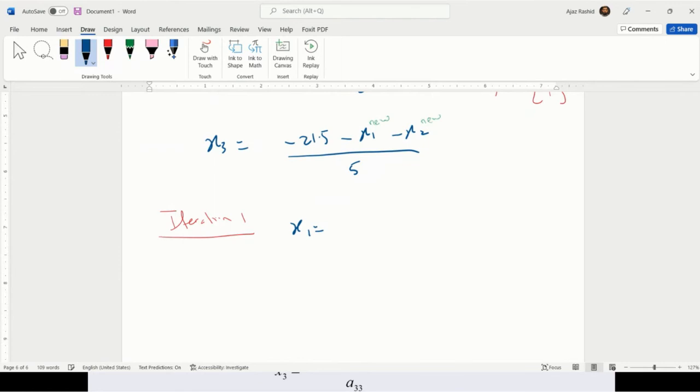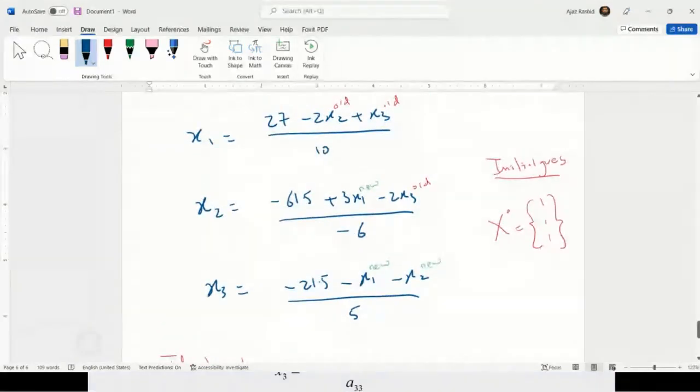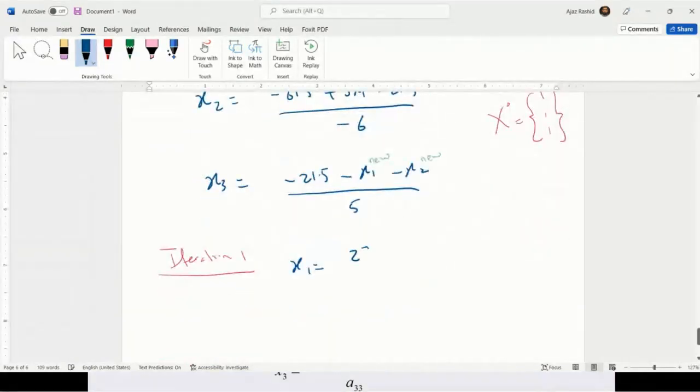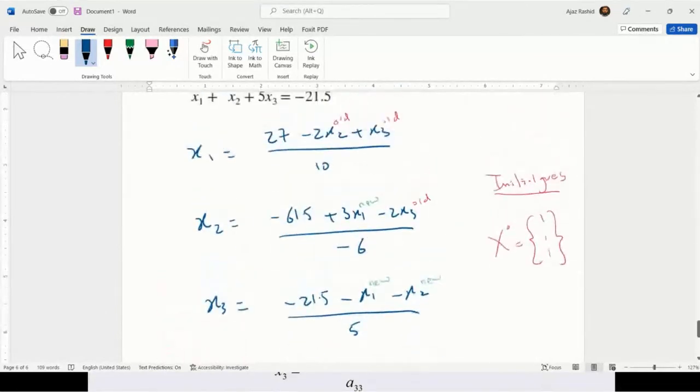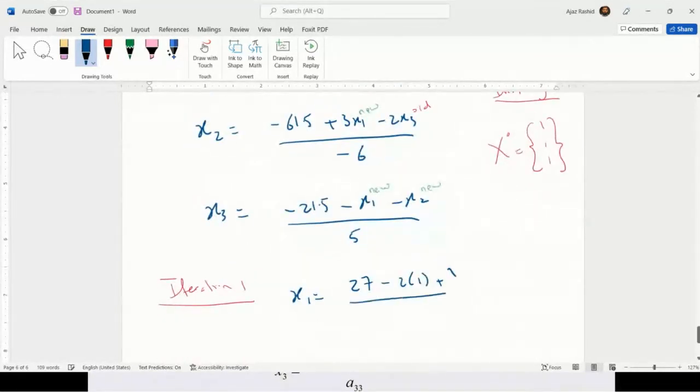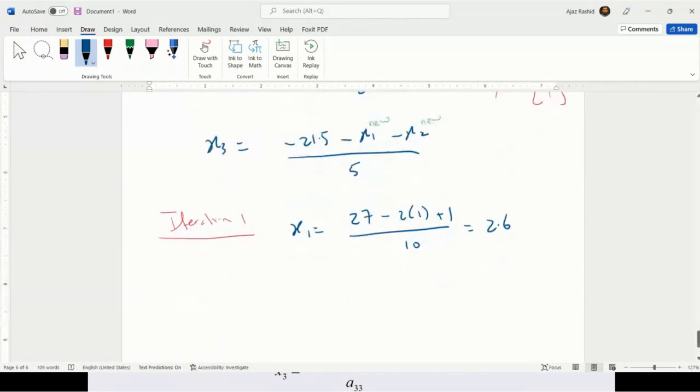$27 minus 2 into 1 plus 1 over 10, we found it to be 2.6. So that won't change because in x1 we are still using the old values.